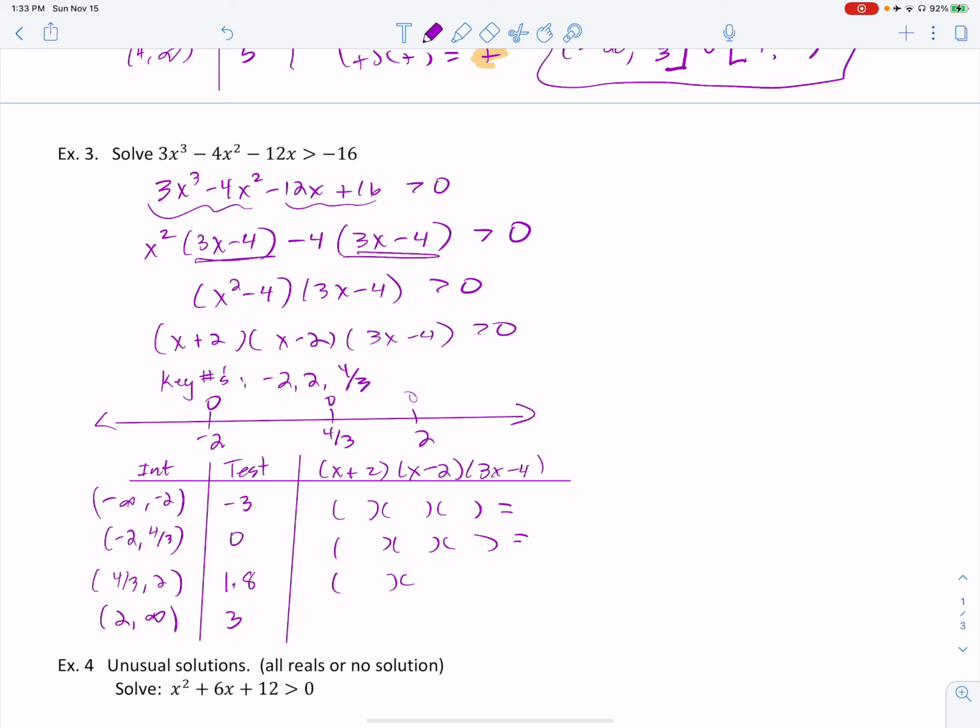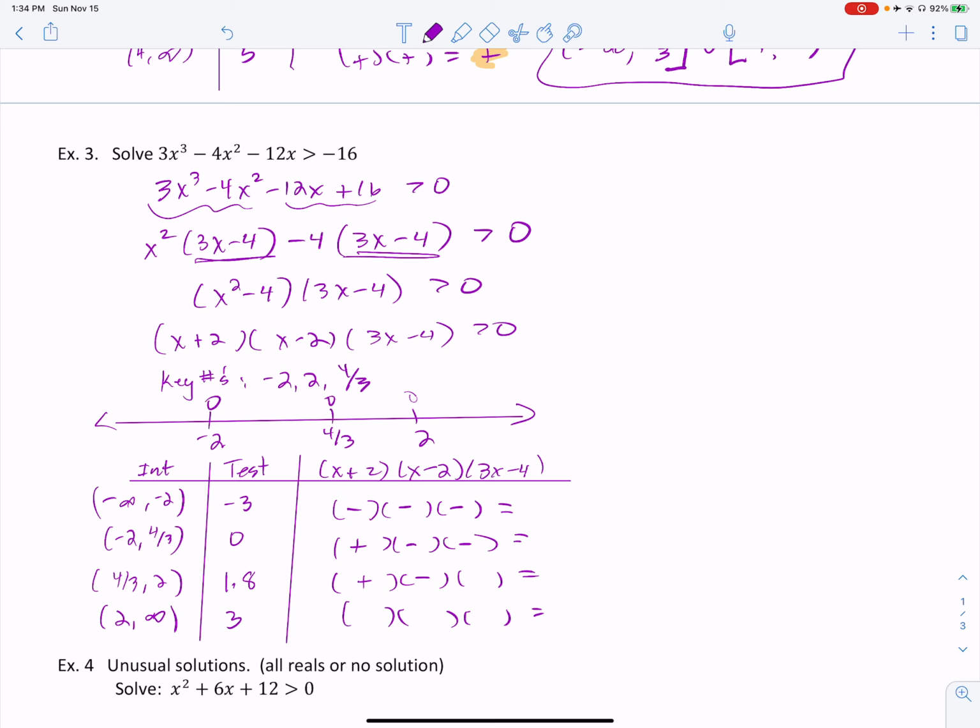So we're going to test each of these quantities to determine if each quantity is positive or negative using the test number. You need to show this work. If I put -3, the first quantity is negative, second's negative, and -9 minus 4 is negative. If I put in 0, I get a positive, a negative, and a negative. If I put in 1.8, I have a positive. 1.8 minus 2 is still negative.